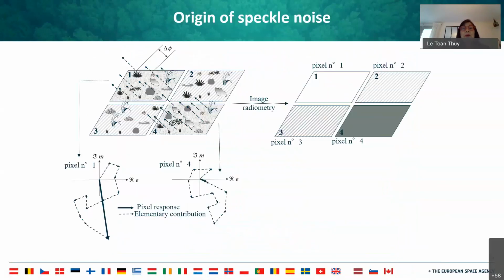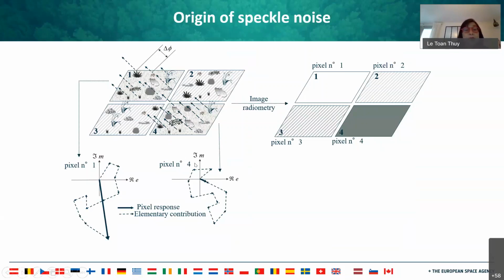And the origin of speckle: when you look at the surface like this, pixel number 1, 2, 3, 4, 4 pixels with similar aspect, like a wheat field, okay, or a forest.